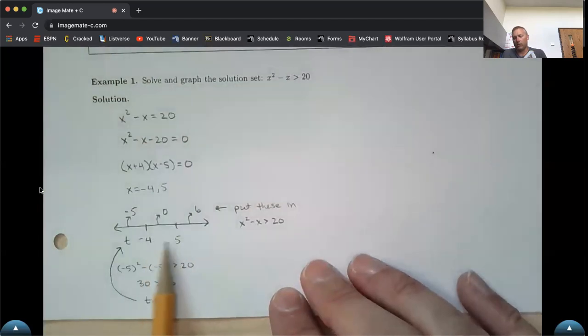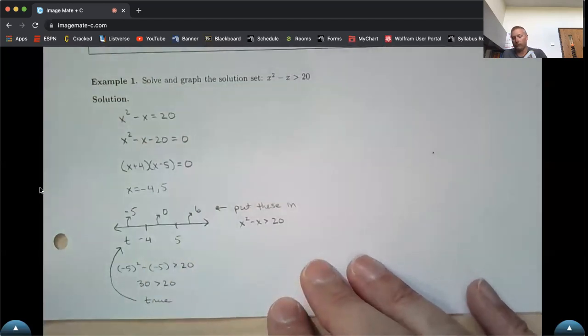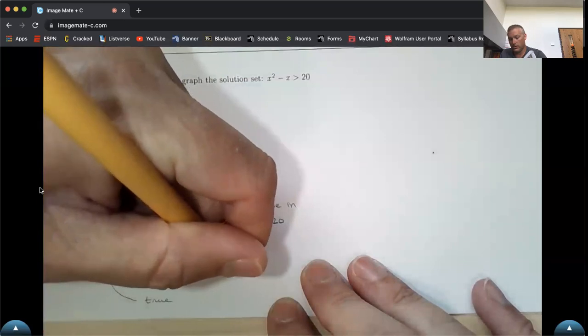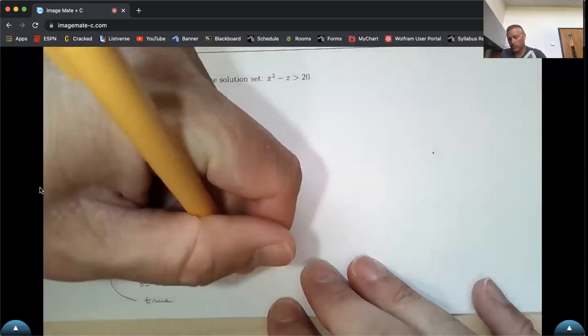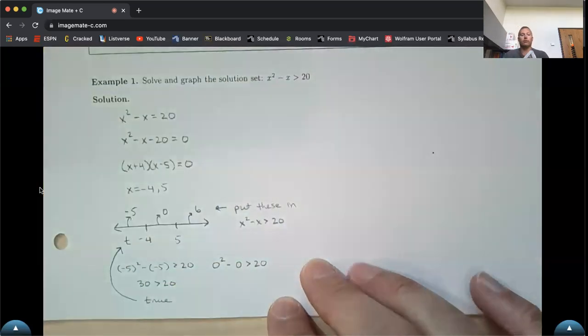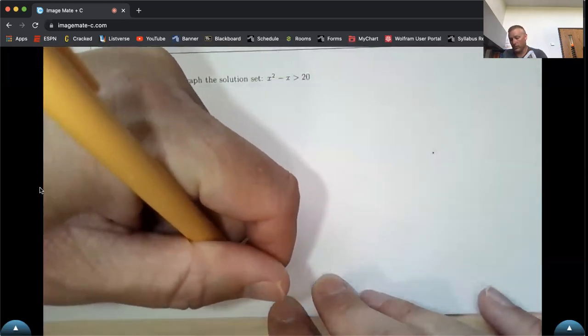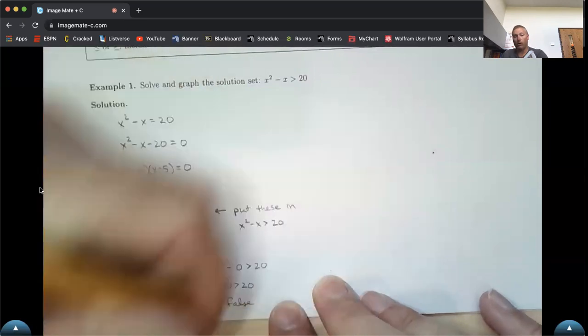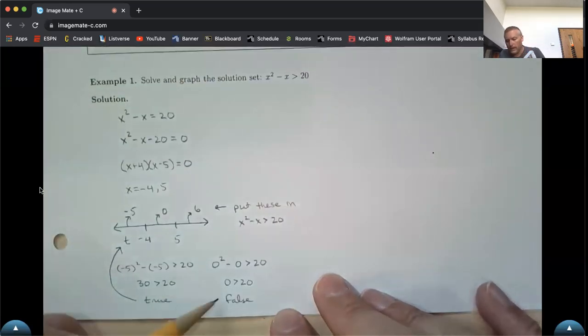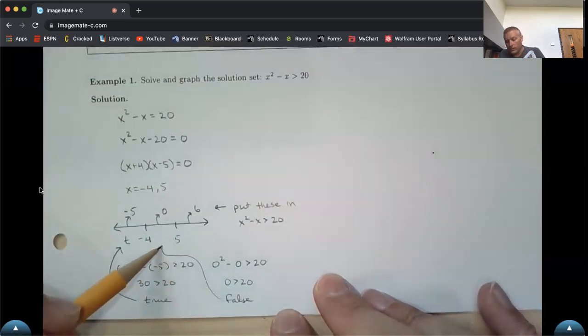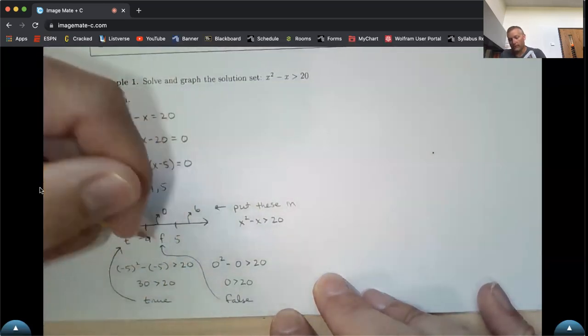Now let's check our representative number between negative 4 and 5. We put in 0. So that would ask, is 0 squared minus 0 greater than 20? Well, that would say 0 is greater than 20, which is of course false. We can indicate this on our number line by writing a little f here for false.